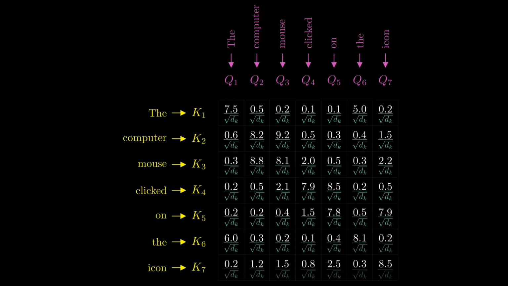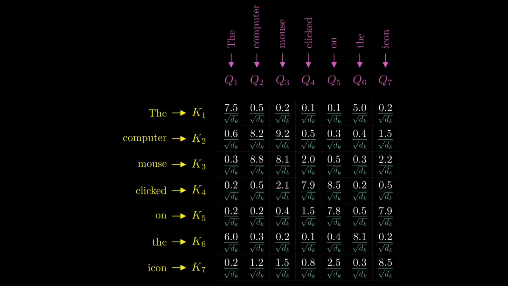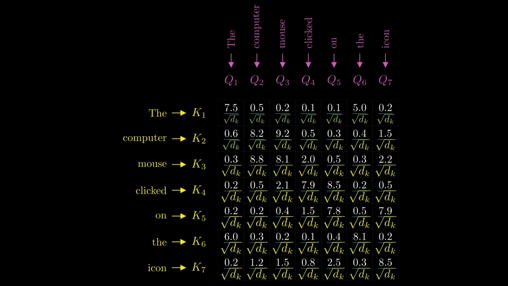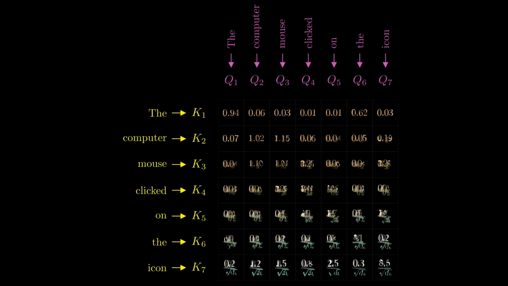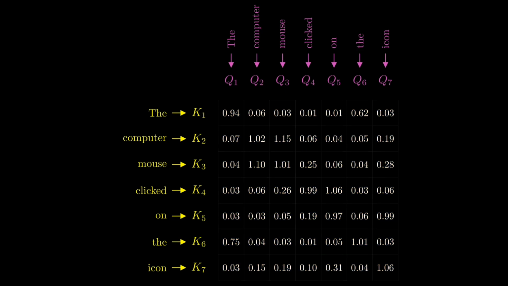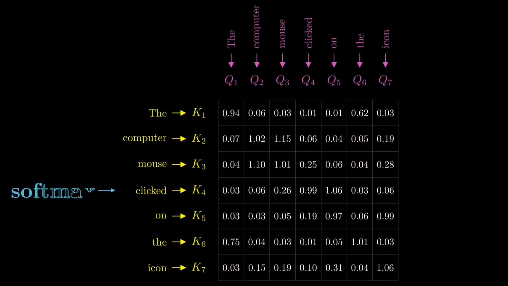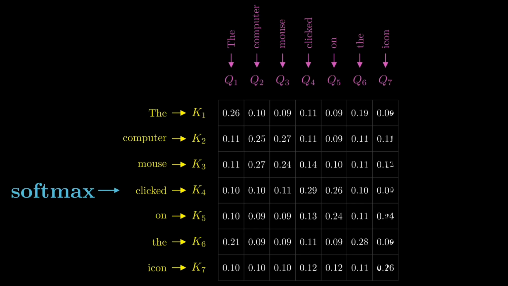After that, we scale these raw scores by dividing them by the square root of the dimension of the query-key vectors, and this scaling applies across all the grids we form. Then we apply softmax to these grids, to both of these examples and to any other context as well. And that gives us a clean attention pattern for each sentence.